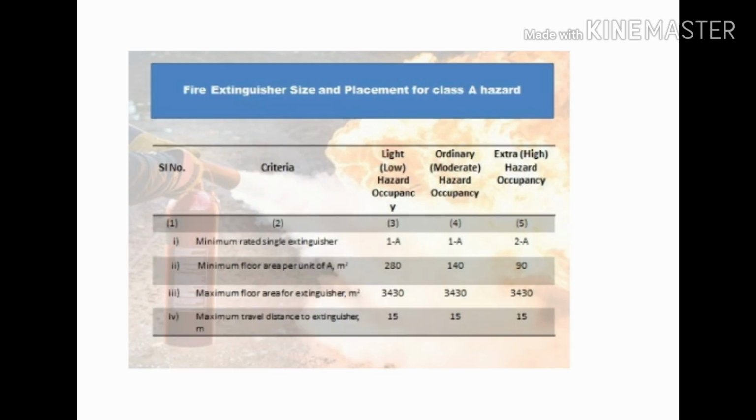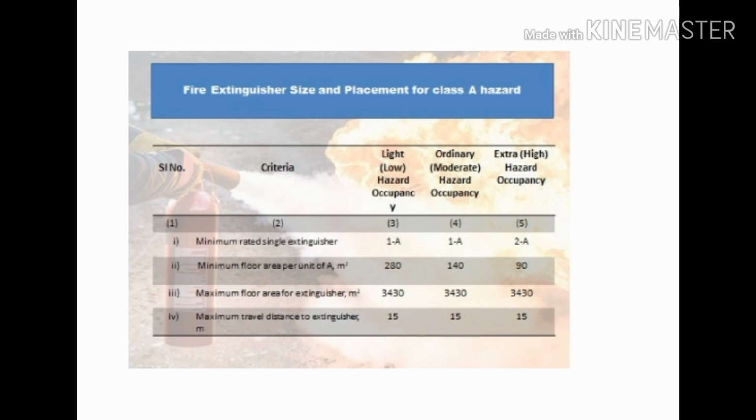Now see the table for fire extinguisher size and placement for class A hazard as per IS code. Minimum rated single extinguisher for low hazard is 1A, for ordinary hazard 1A, for extra hazard 2A.